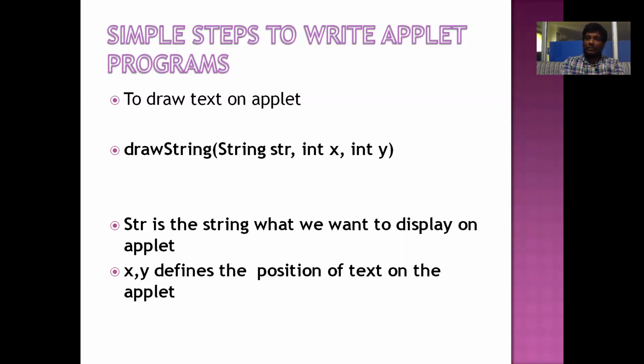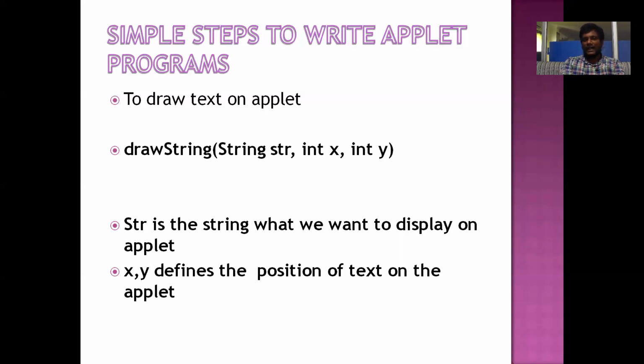While I am saying string, it means you have to keep the string in double quotes, right? So the string should be the first parameter, and the second and third parameters should be the values of X and Y. These two should be integer values. That is why we have mentioned int x and int y.